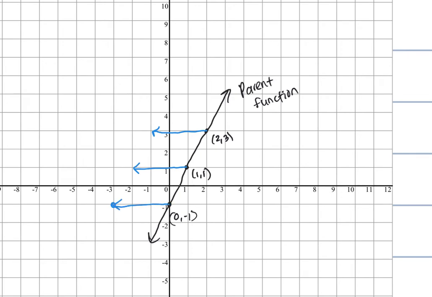We have 3 new points. And we're going to draw a line through those 3 points. Let's put our coordinates. The first one is -1, 3. The second one is -2, 1. And the last one is -3, -1.